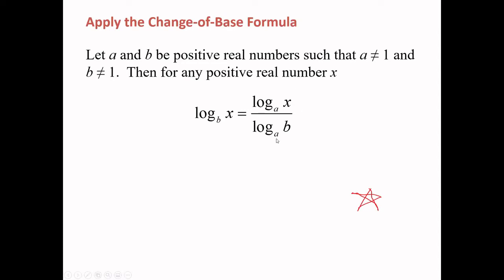Now, this A in this case is typically base 10, although you could choose it to be any base you wanted. You could make 4 and 4 there, but there wouldn't be any point in it. It's easier to just use base 10. That way you just simply write the word log, and look what happens here. The argument becomes the numerator, the base becomes the denominator.